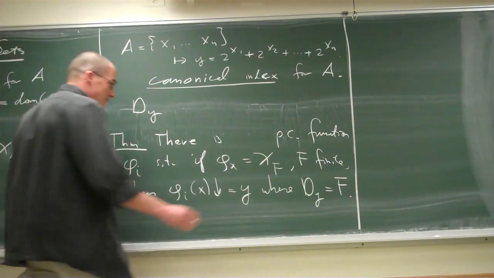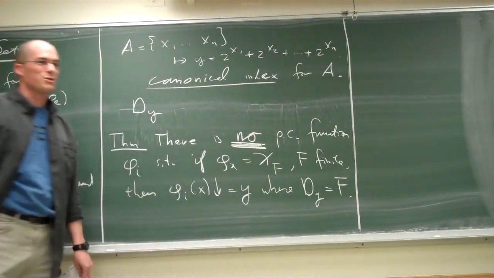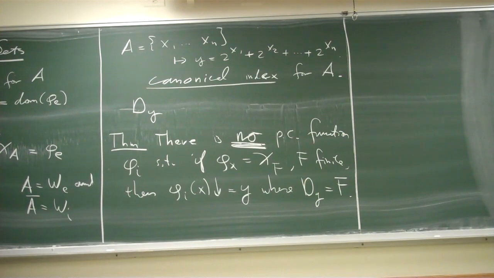Because this would be nice, but it's false. There does not exist such a function. So in the same way as for these computable versus computably enumerable sets, different indices really give you different information. Even though, of course, if you don't care about effectiveness requirements, then the statement is ridiculous.